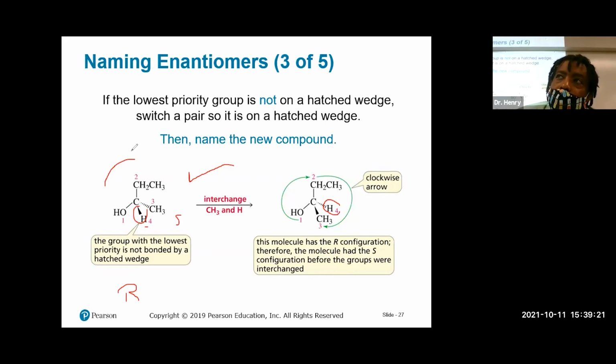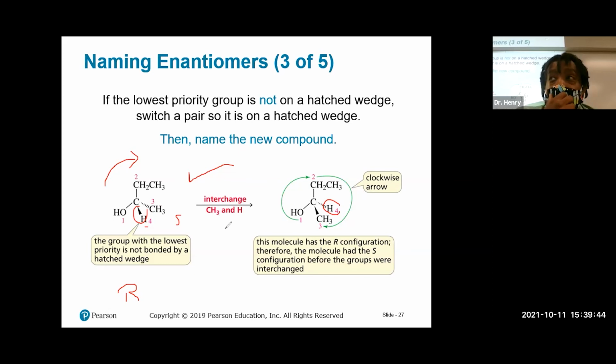That's 1, 2, 3. This is going clockwise. So 1, 2, 3, 4. So that is going clockwise. So it's still an R. I don't know what they're trying to get at here. 1, 2, 3.